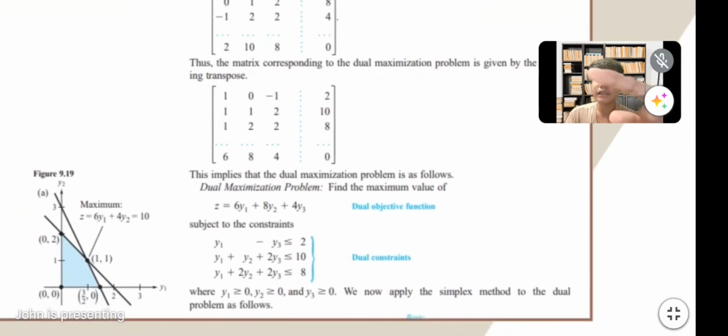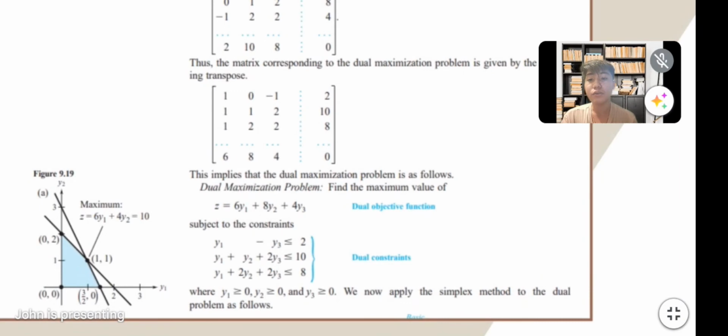Then this implies that the dual maximization problem is to maximize z equals 6y sub 1 plus 8y sub 2 plus 4y sub 3.